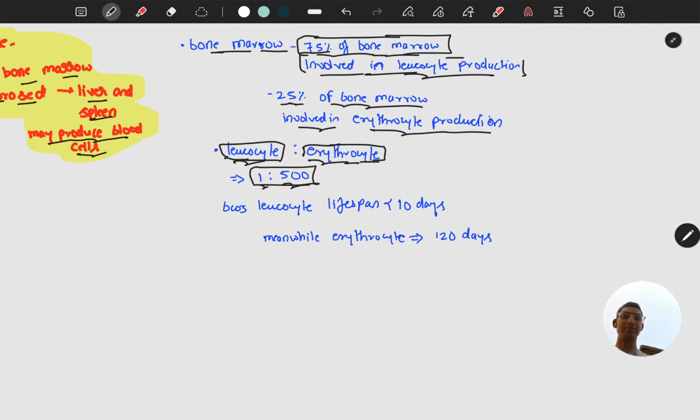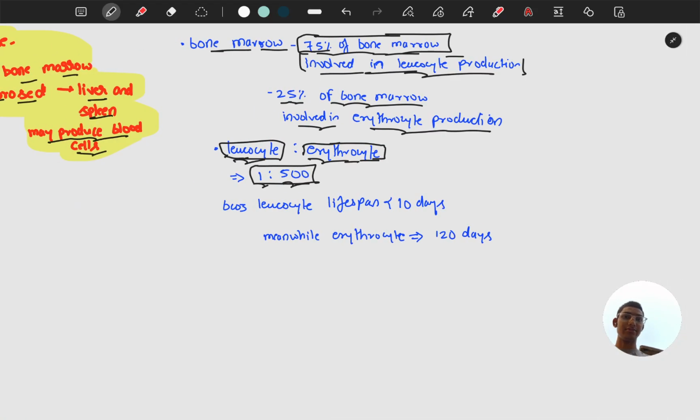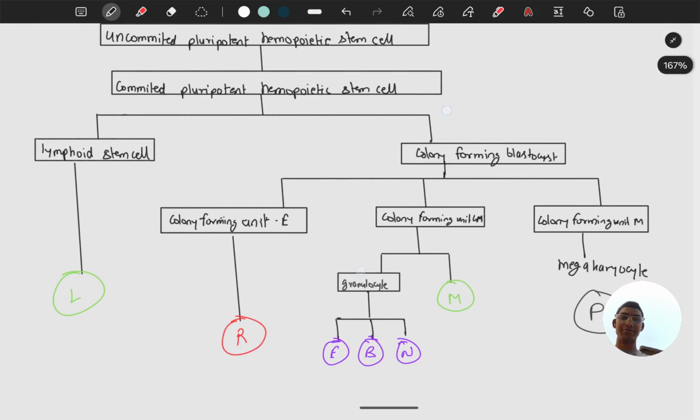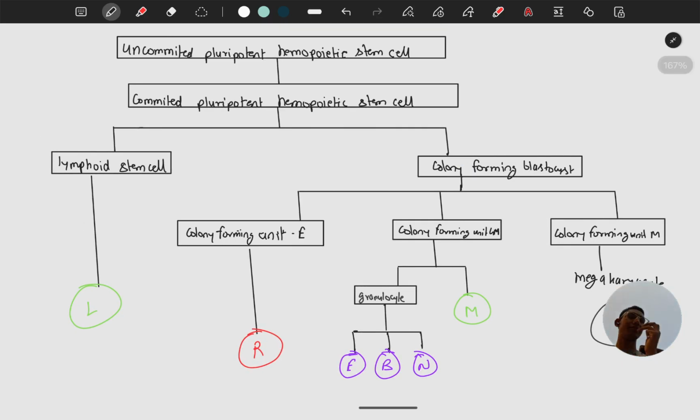And next slide. In erythropoiesis, there are certain steps through which we get to erythropoiesis. This is mainly from fetal life.